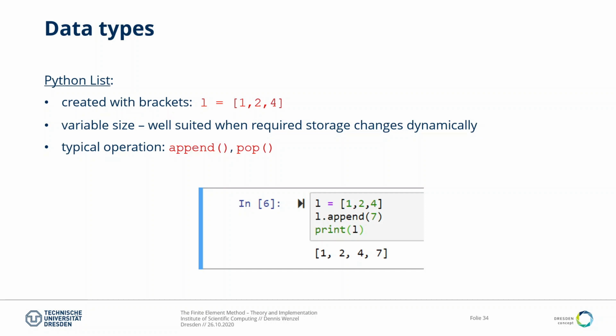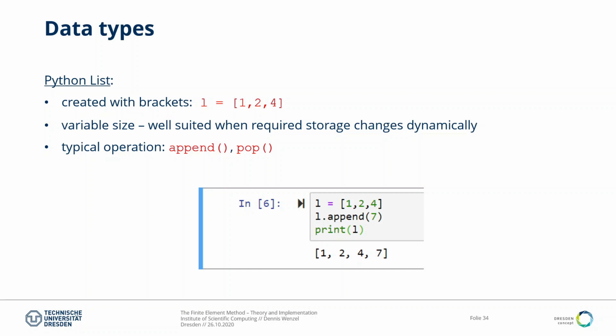So whenever I write some data into brackets, I'm automatically creating a list. What's beautiful about lists is that they are well suited for dynamic storage changes, meaning that I can add something to a list easily, and this is a very efficient operation.